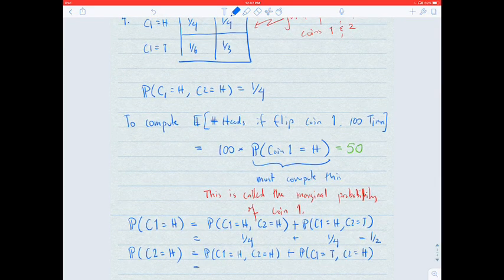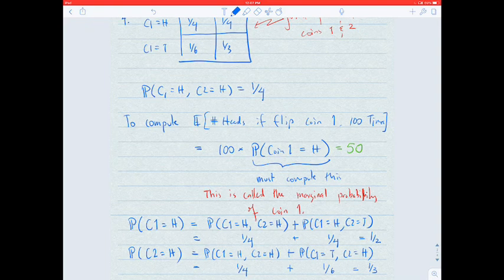And this value now is basically the sum of the elements in the first column, not the first row. So this is 1/4 plus 1/6. And 1/4 plus 1/6 is equal to 1/3.